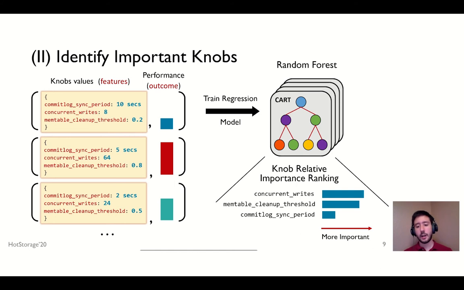Note that each knob will take a specific importance score, and this score corresponds to how important the model believes that this feature is, and this also relates to how much of the performance can be explained by the values of this knob.